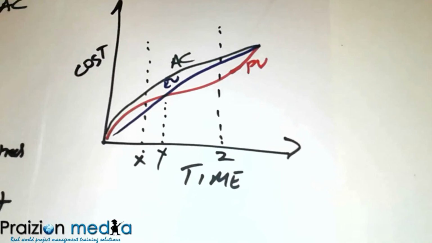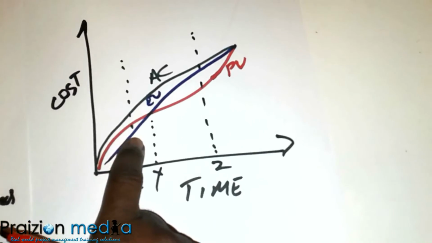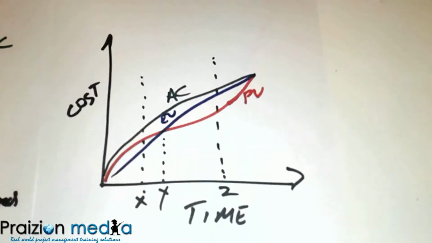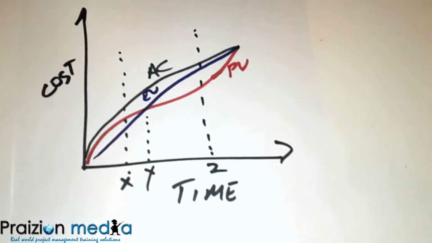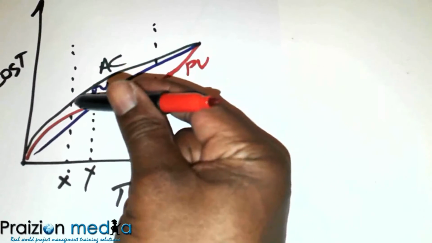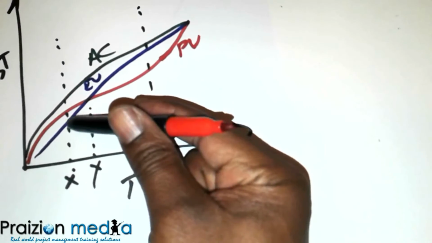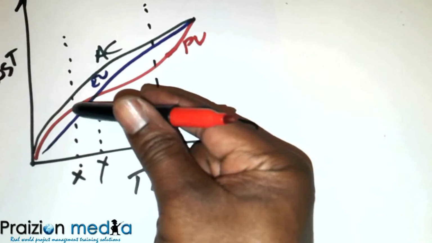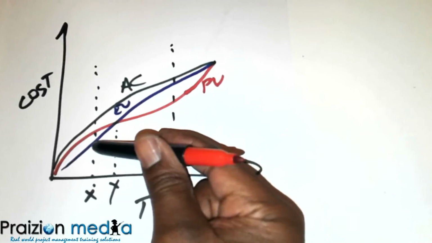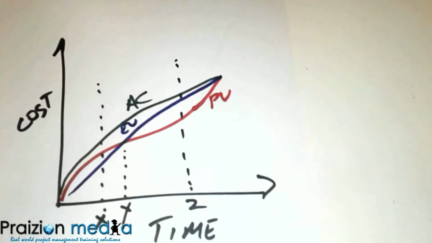You can see that at point X, your earned value is under both the planned value and the actual cost. What that means is, in terms of the actual cost, you spent more than what you're getting. That's bad cost performance. And you got less work done than planned, right? Planned is the red and accomplished is the blue. So point X, bad, bad, bad.